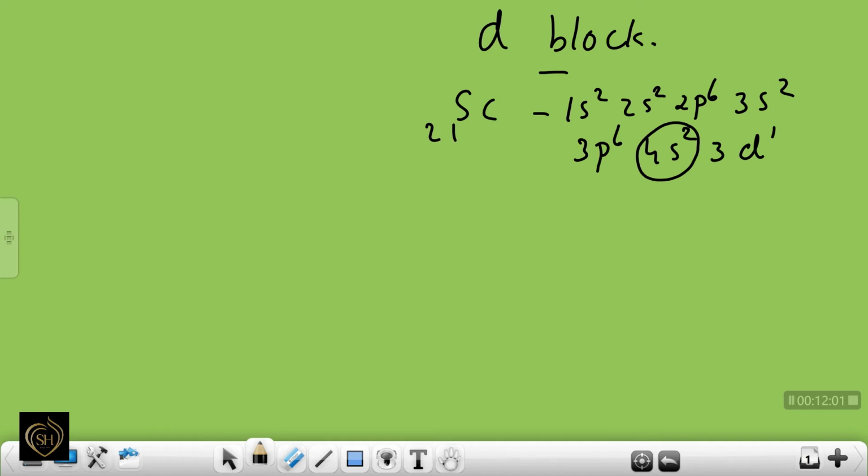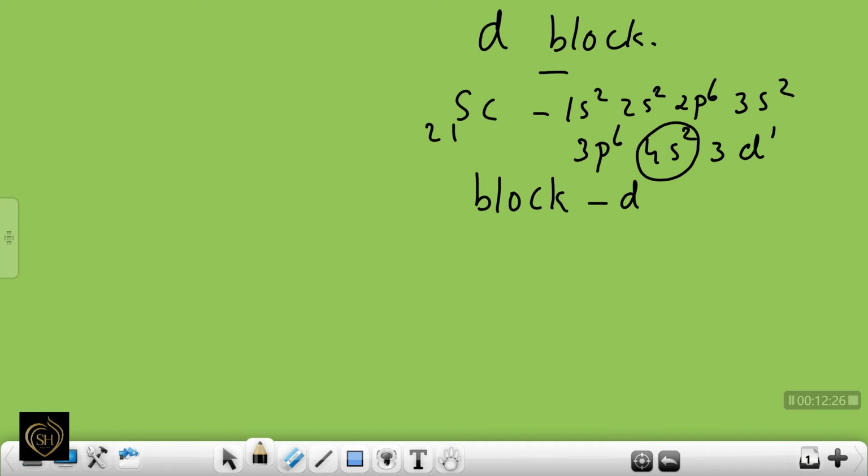You won't make a mistake. The last electron enters 3d, not 4s. So the block is D, not S. So you may ask one question, why is it written like that?